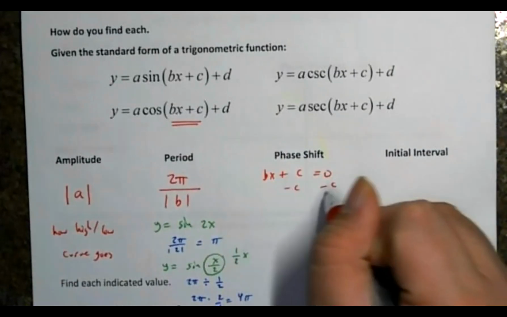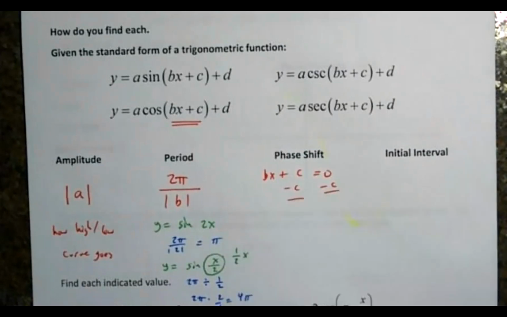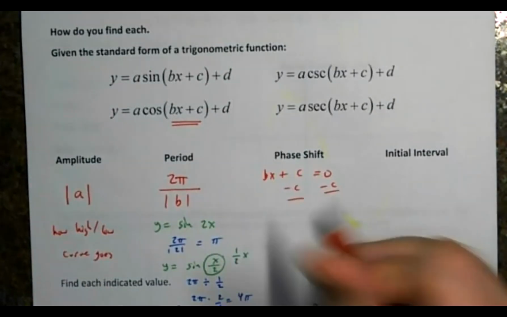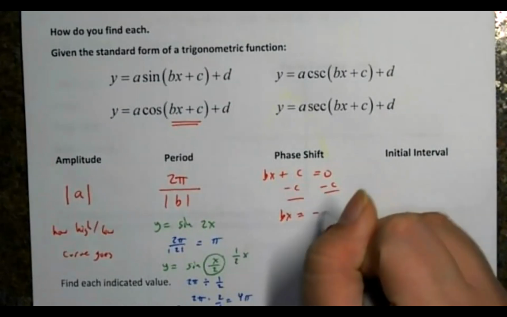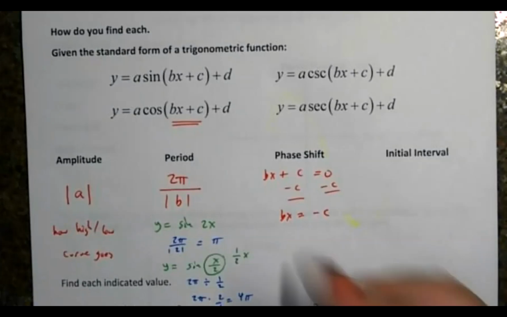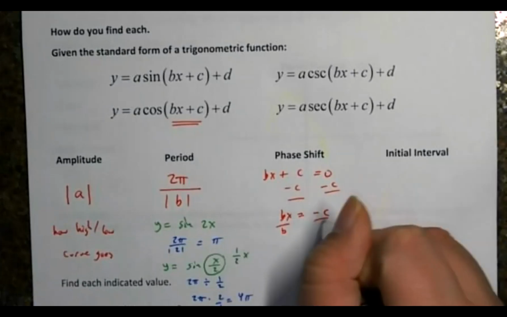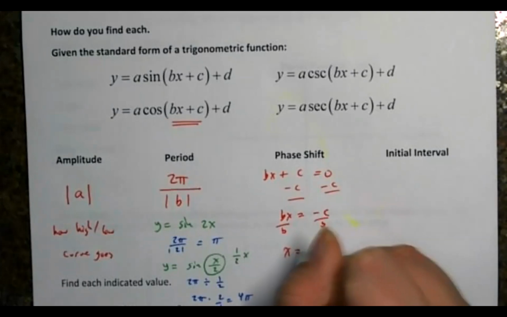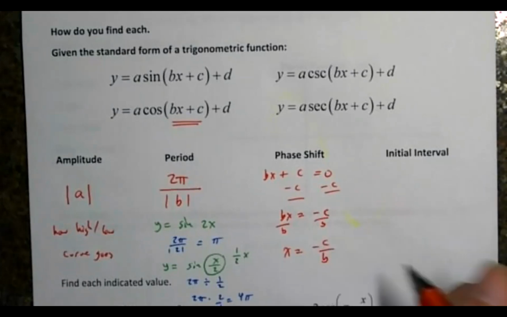So I'm going to subtract c from both sides, and bx is equal to negative c. Divide both sides by b, and x is negative c over b.